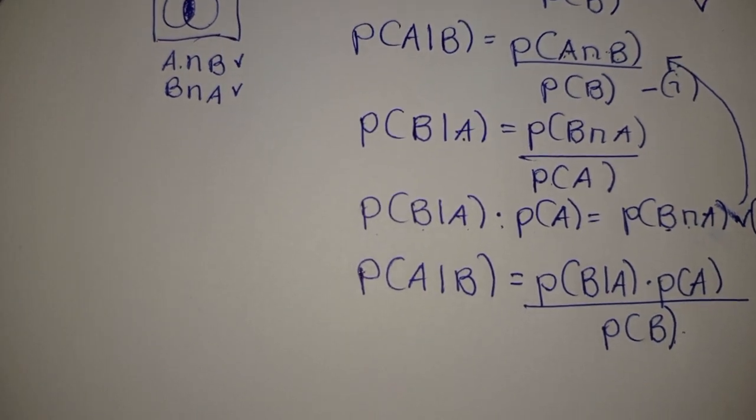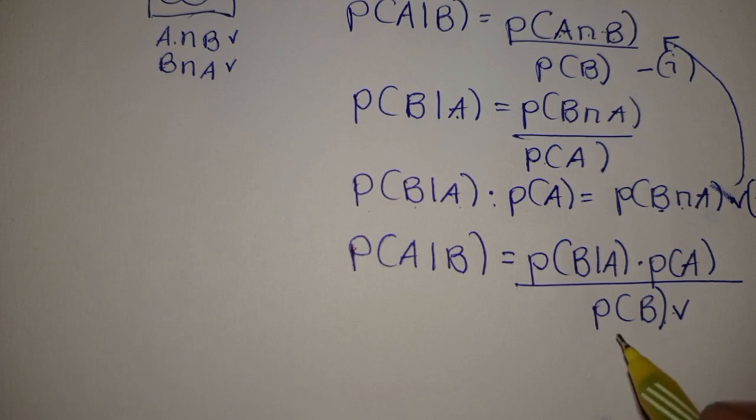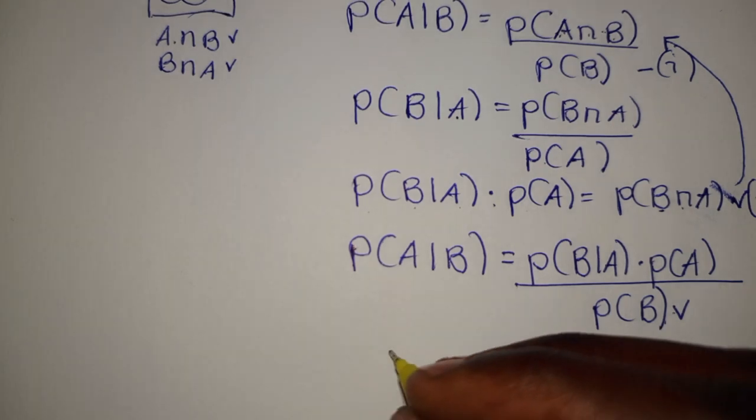But there are times when one can ask, how do you find the probability of B when you are not given it? So let us go to conditional probability under the Bayes theorem.